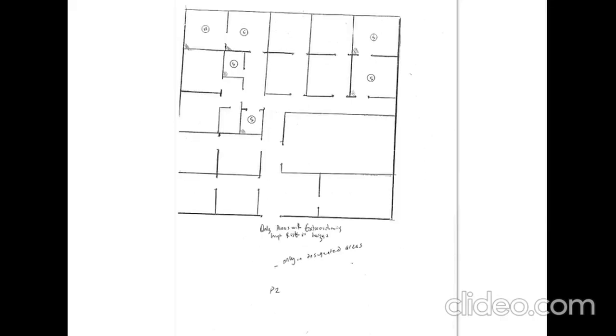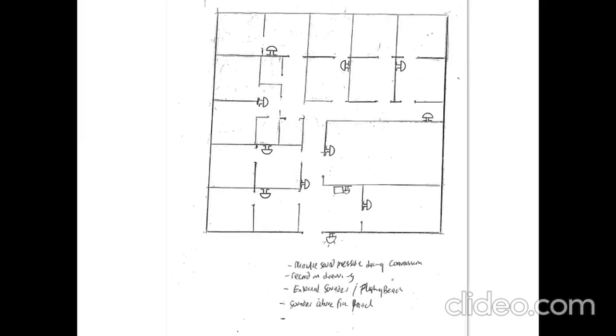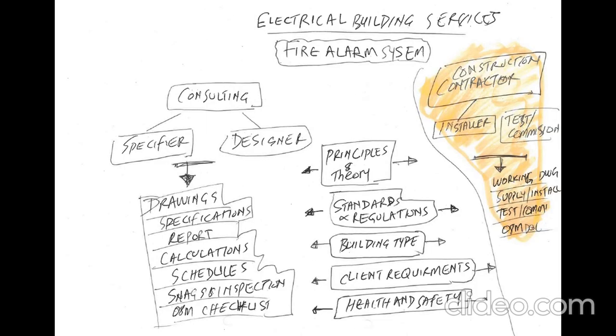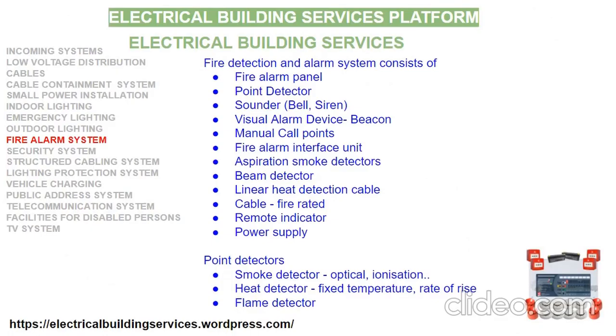A room such as your boiler room or plant room, there are detectors in there. But a risk assessment needs to be carried out unless you are using an L1 system, which covers all of the building. If you are using an L2 system or any other system, you need to make sure that you carry out a risk assessment.